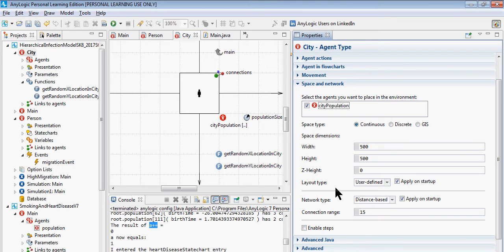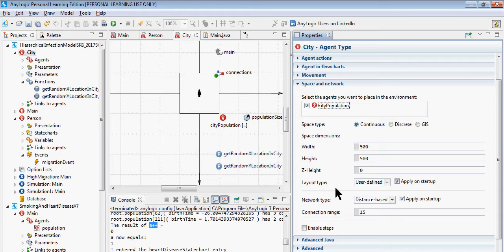So if we clicked on city for that model and we had scrolled down, we would have seen here in properties that the network type is set to distance-based. And you could see these other ones I've been describing here. You'll also see there's a user-defined network. And I promised Betsy that in the course of the boot camp, before the week is out, I would demonstrate dynamic networks. And those are put into place most commonly with a user-defined network.